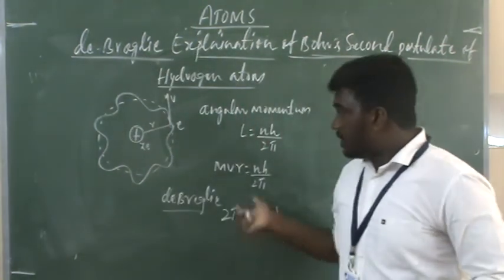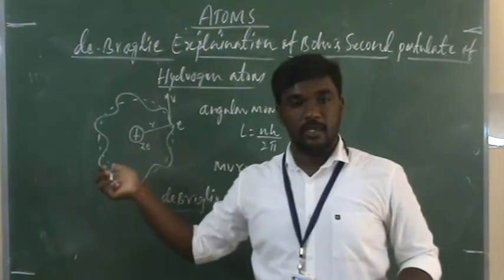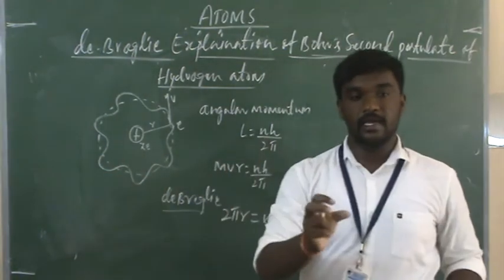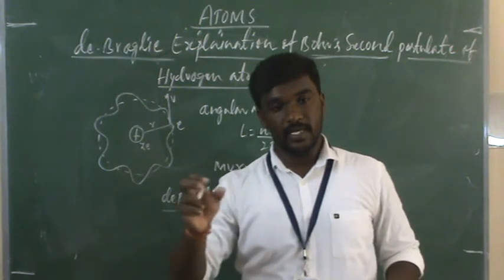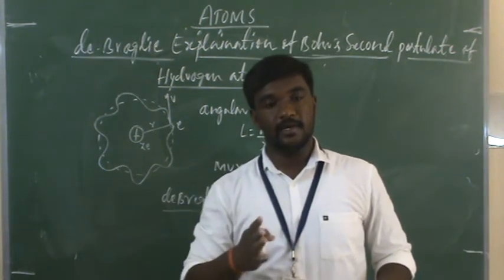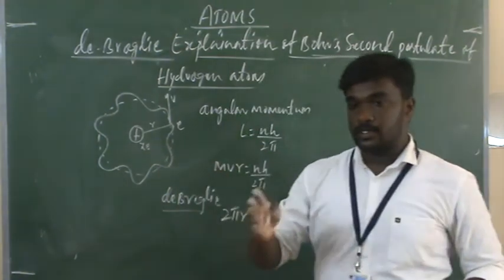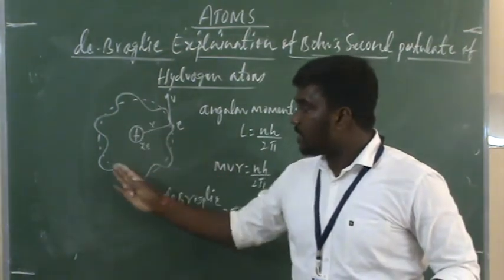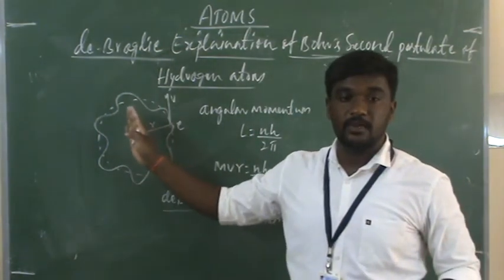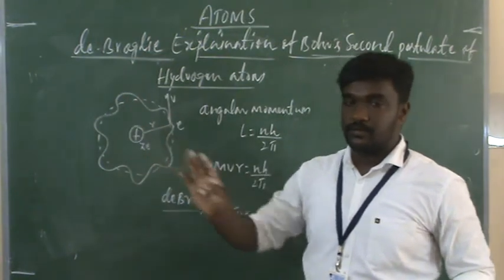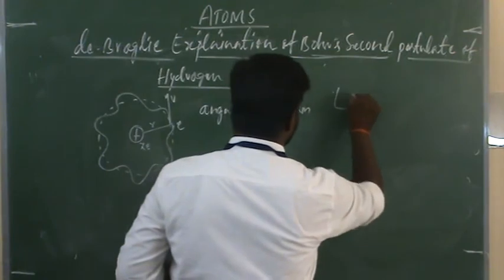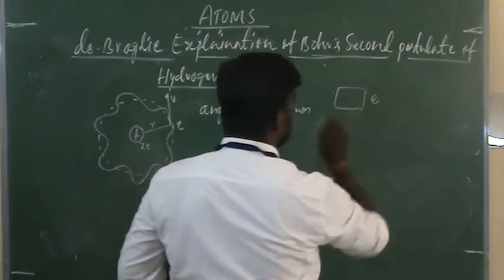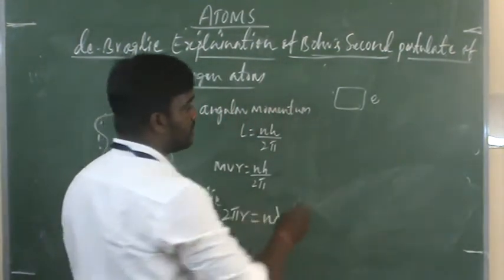According to Bohr, angular momentum is quantized. What is quantized? Quantized means discrete, in integral multiples. For example, we have a plate. One electron: what is the charge?